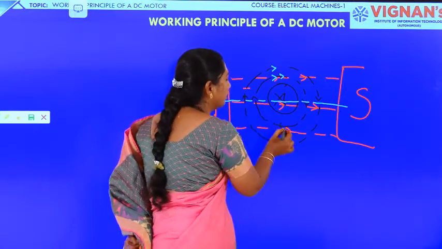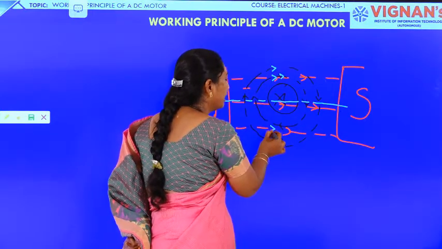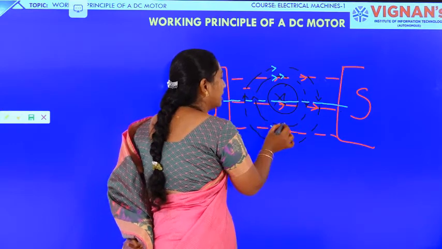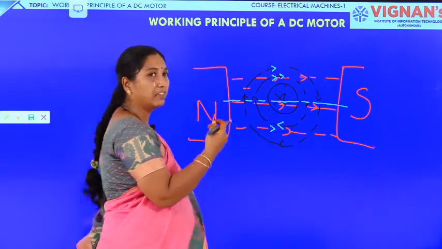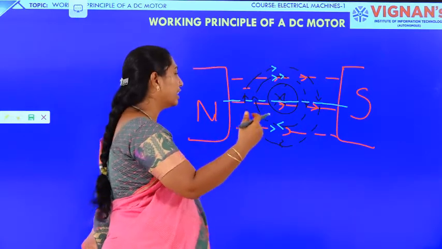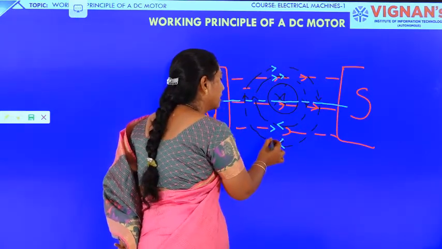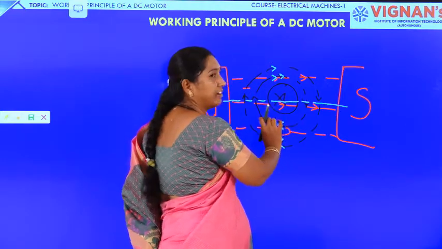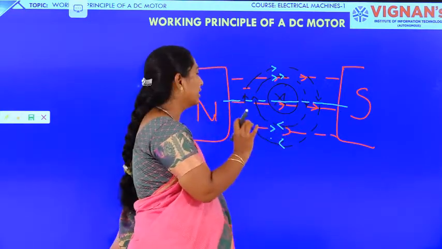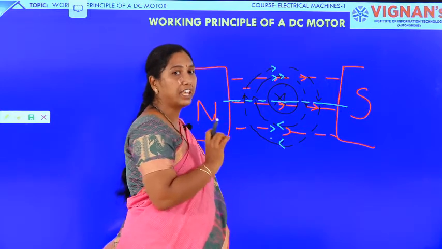In this portion, the main field flux is in this direction and the flux of the current carrying conductor is opposite. It means the main field flux is opposed by the flux of the conductor.